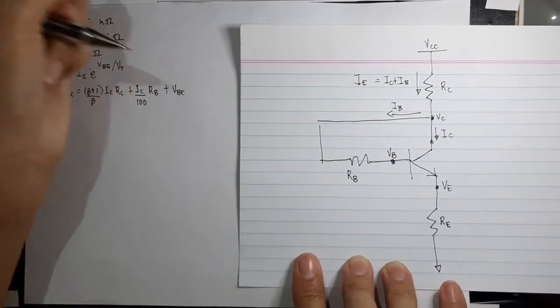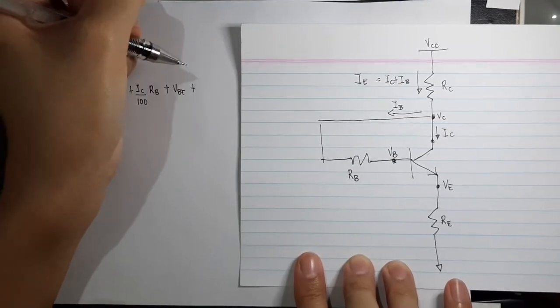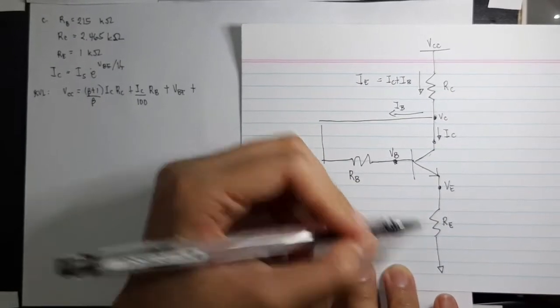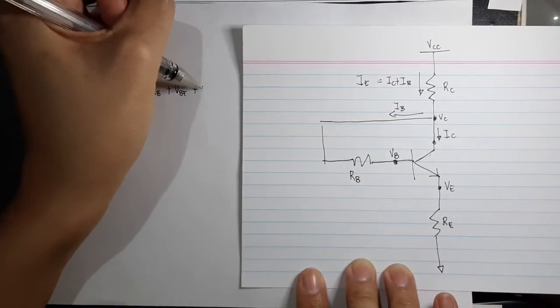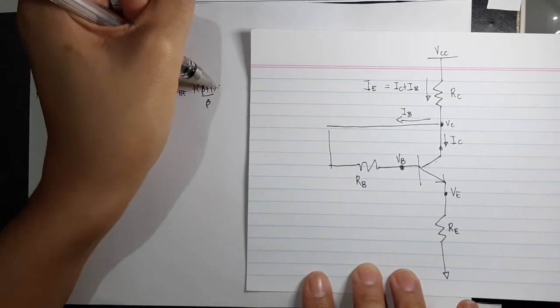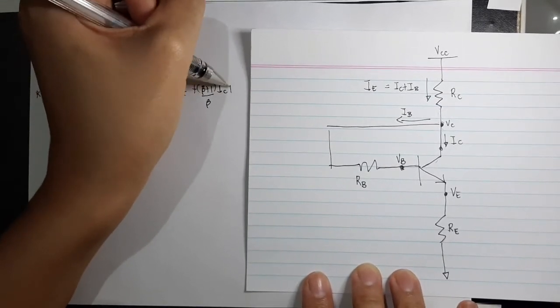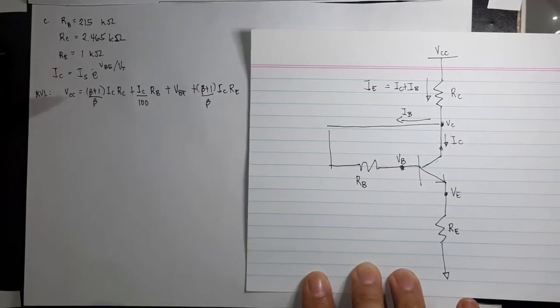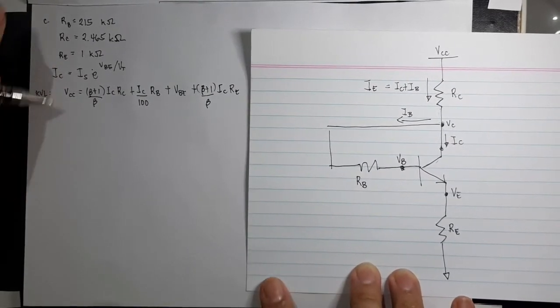And lastly, current flowing here, IE, multiplied by RE, or beta plus 1 over beta IC times RE.